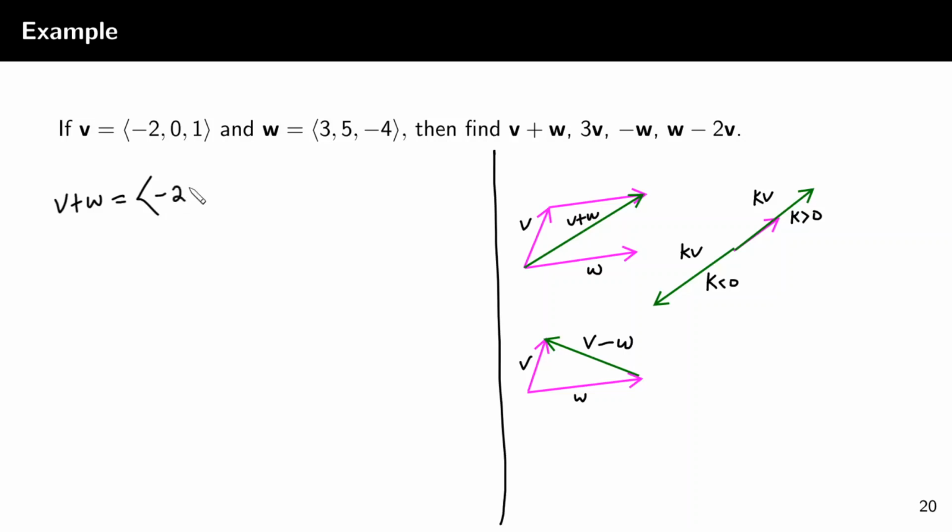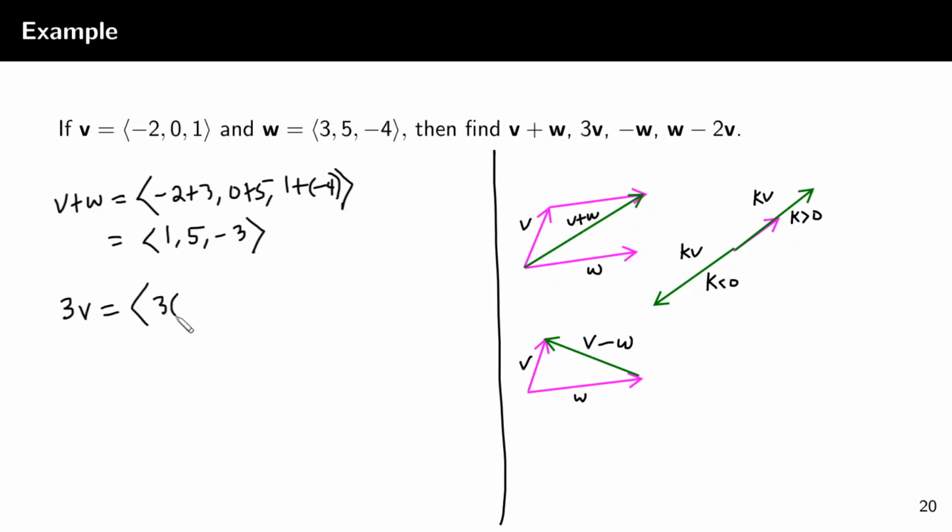So negative 2 plus 3, 0 plus 5, 1 plus negative 4. So we will get negative 1, 5, and negative 3.